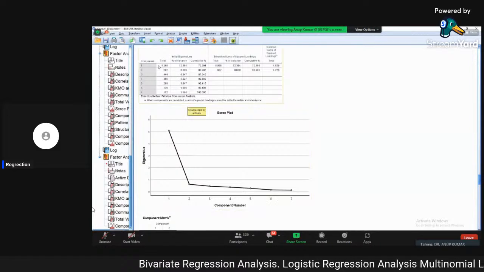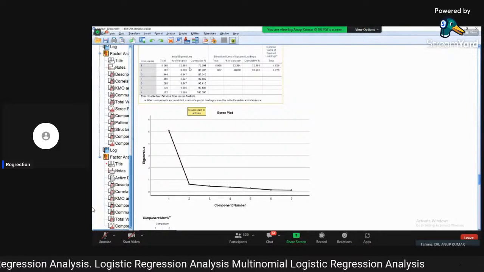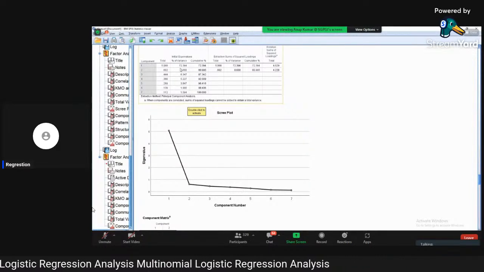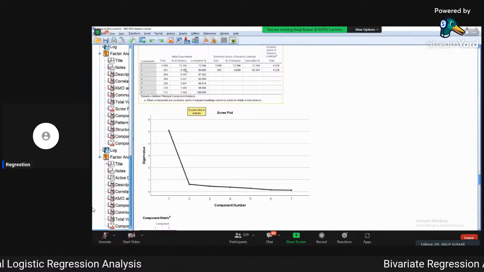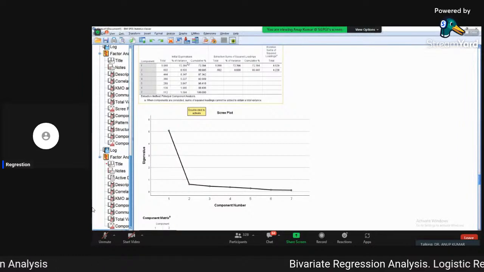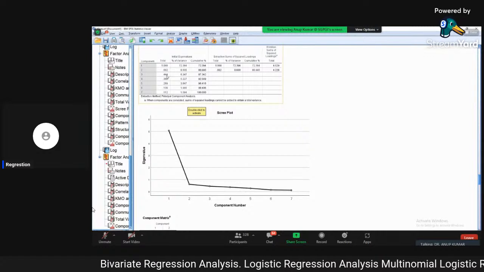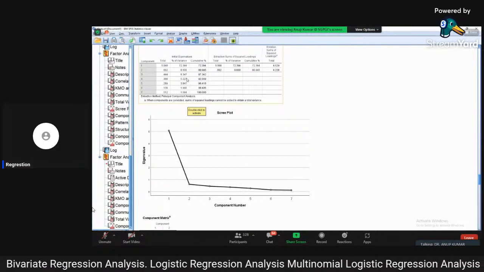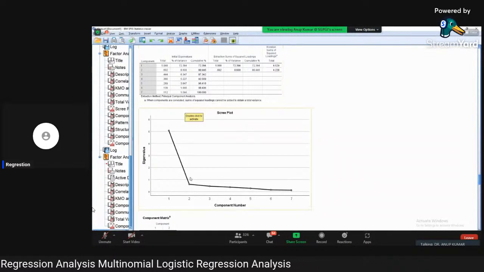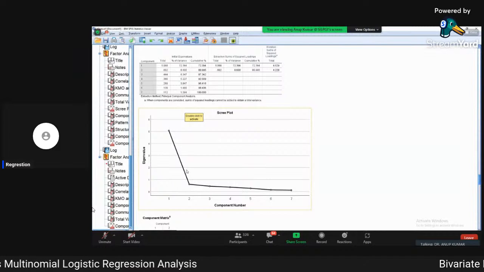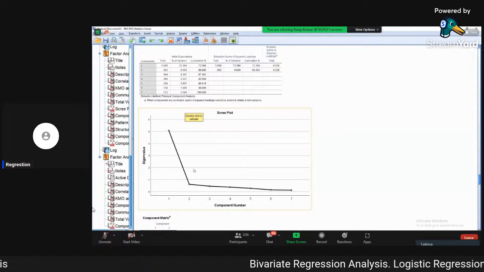If the eigenvalue is 0.5, the percent it is explaining is 72. If the eigenvalue is around 0.6, less than 1, it explains only 8%. If it is more than 1, the percentage explained is somewhat higher, but if it is less than 1, the percentage explained is somewhat lower. So that's why it is usually said that if the eigenvalue is more than 1, it is good to take that factor into account.